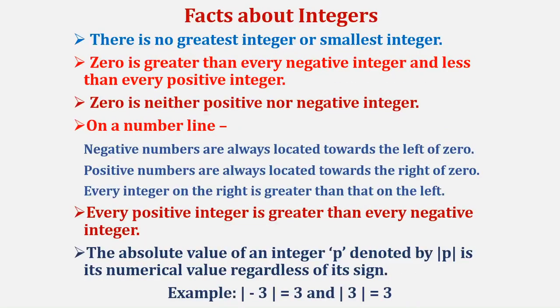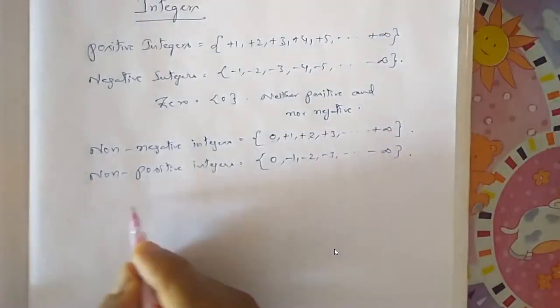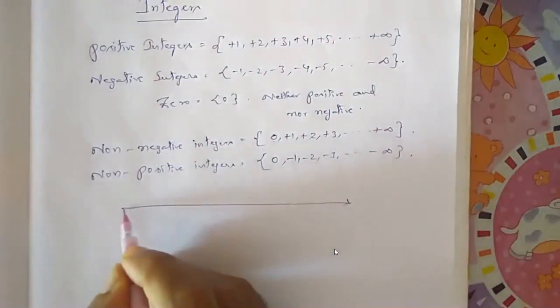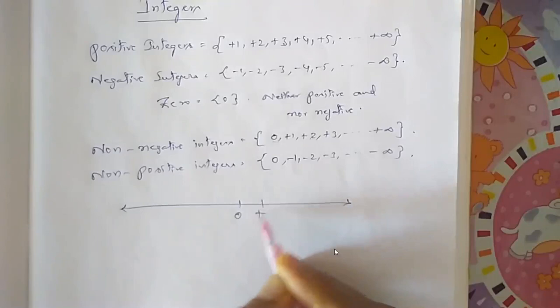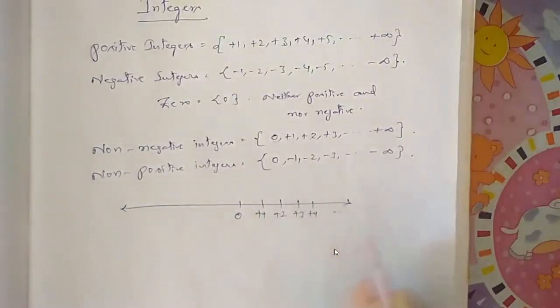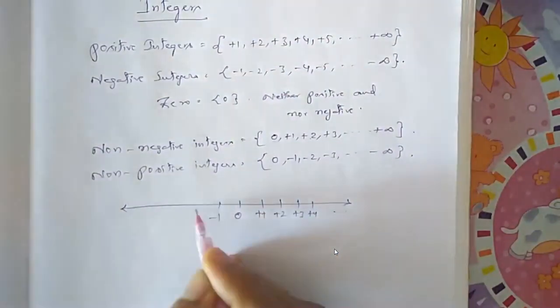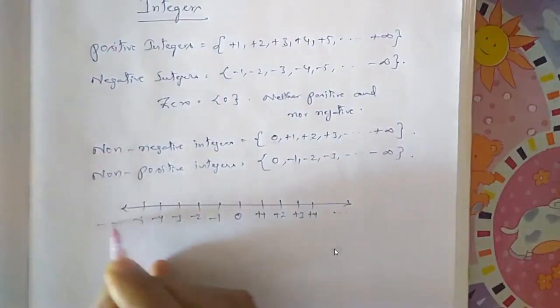So next we are going to learn about some facts of the integers. First one is there is no greatest integer or smallest integer. So observe here I am drawing a integers line which is here 0 central, +1, +2, +3, +4 to the right of the 0, and to the left of 0 I am writing -1, -2, -3, -4 and -5 up to infinity.